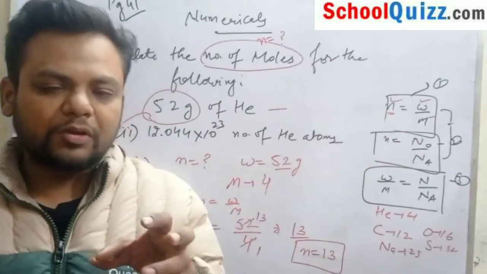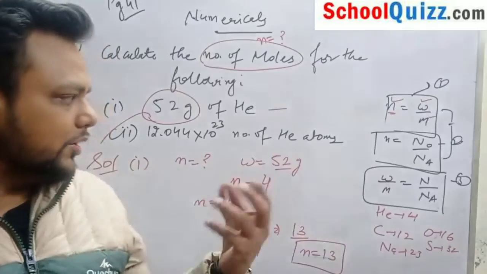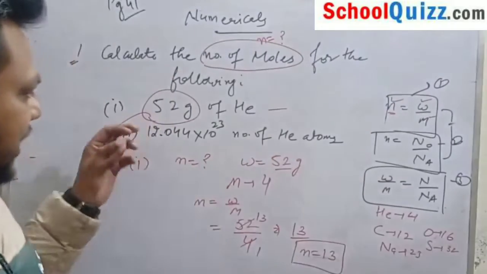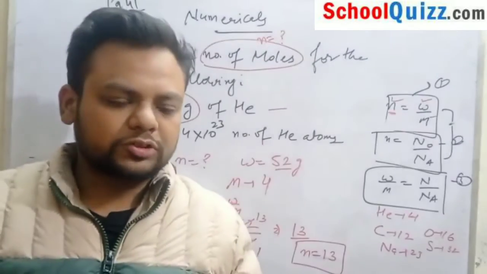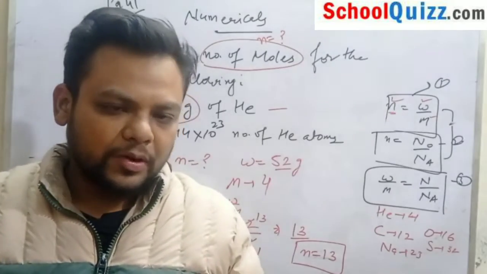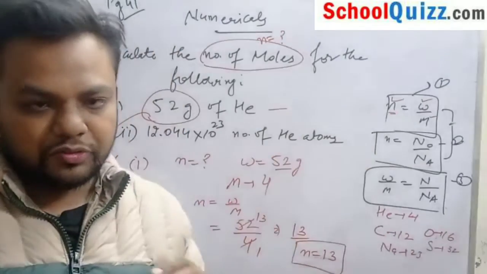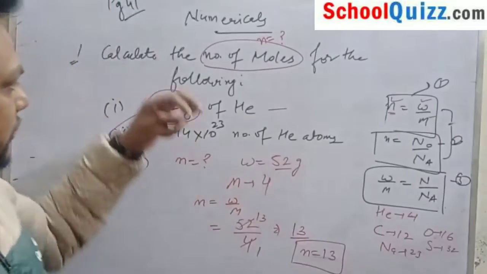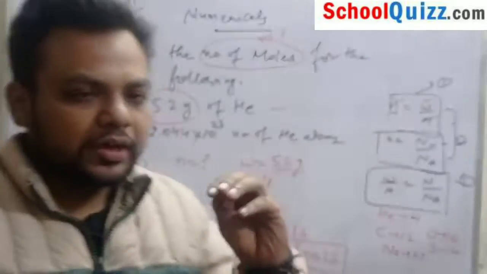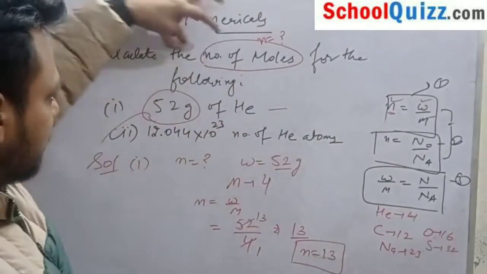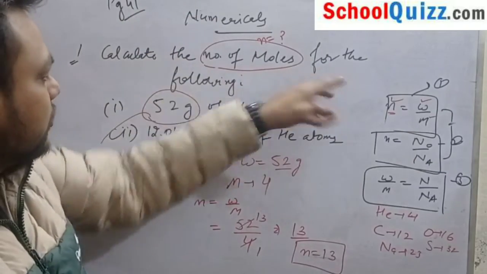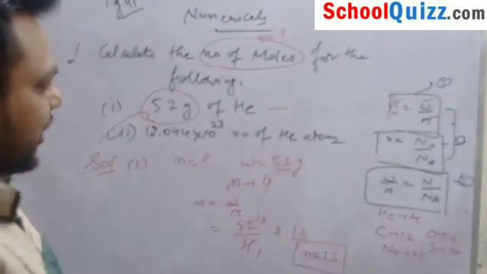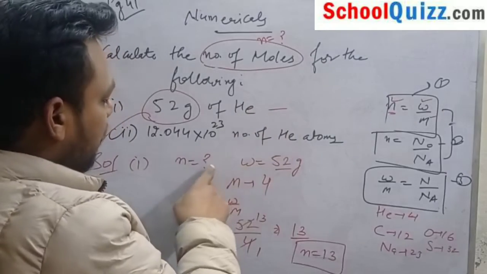Very simple question, guys. As we already know, most of the students are afraid of numericals, but these numericals are very simple. First of all, you have to read the statement carefully and mark: calculate the number of moles, it is small n.